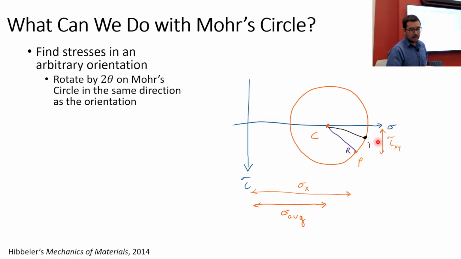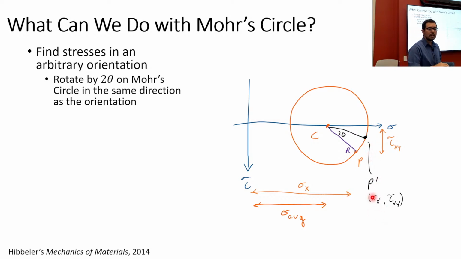And what we're saying now is if we go to a new location, that new location that we've rotated now 2 theta on Mohr's circle is the sigma x prime, tau x prime y prime. Okay, any questions on this? This is pretty critical to why we're doing Mohr's circle.